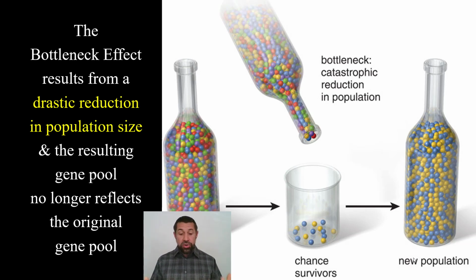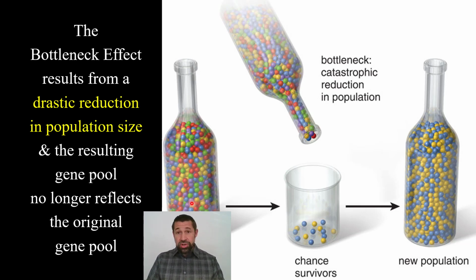So most of the original population, like you see in the bottle here on the left, right, with all of this genetic diversity. The genetic diversity is represented by different colored marbles, where the marbles are different alleles. And the original population's got lots of different alleles.